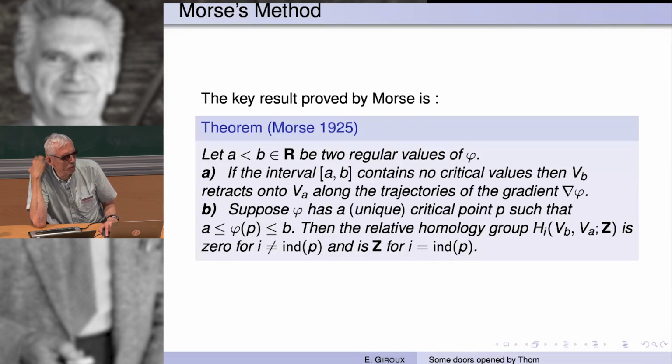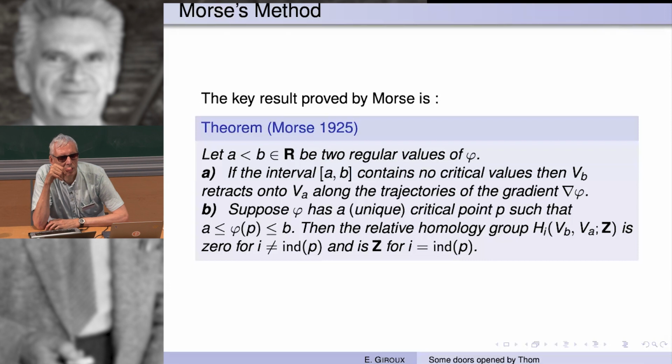But the main point why Morse could not prove such a thing is that he was working in Rn. So he was considering the Euclidean metric, and he was considering the gradient of the function for the Euclidean metric.